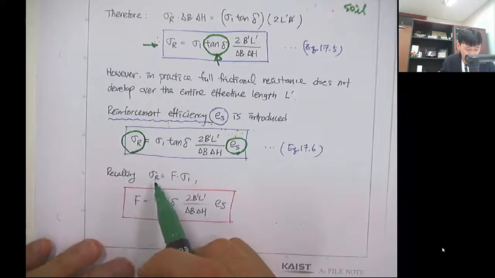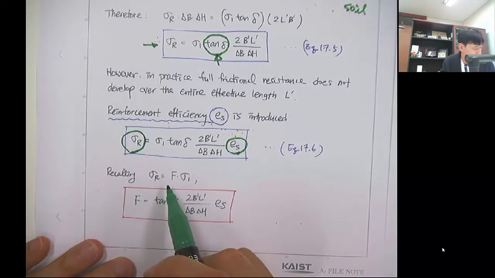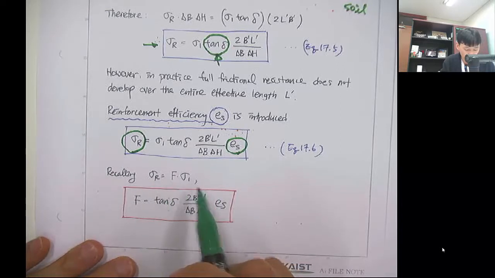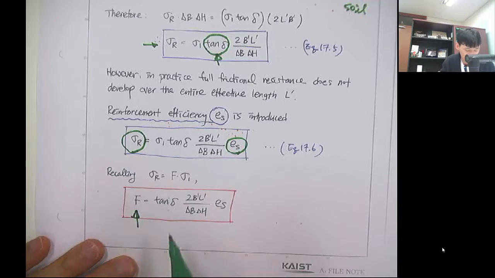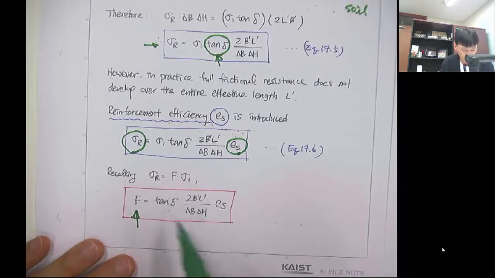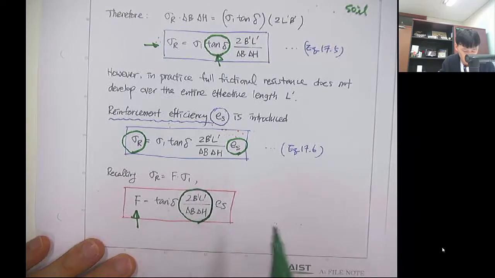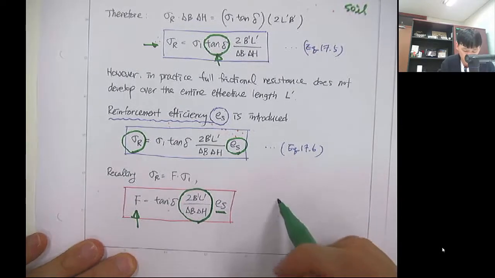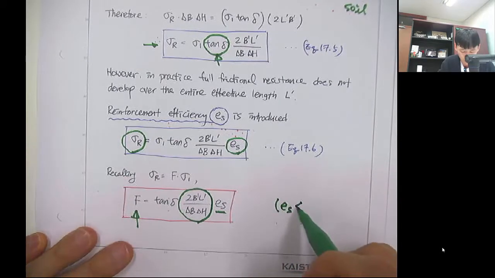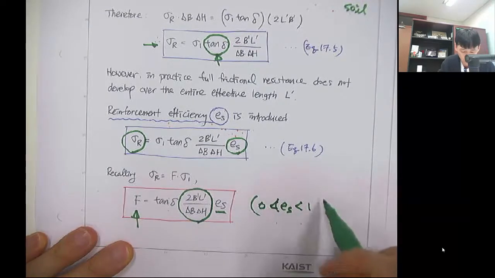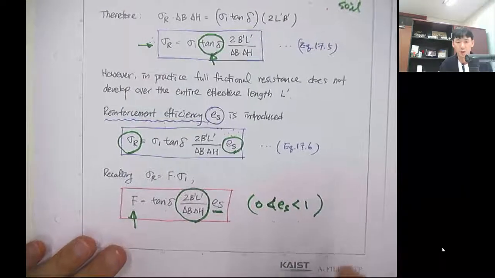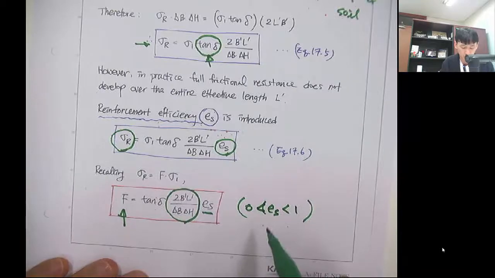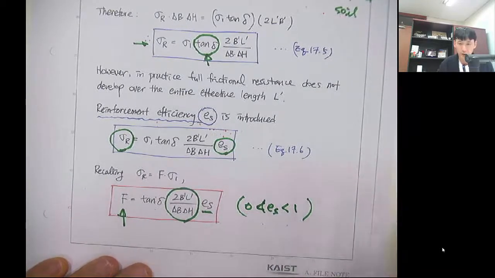And recalling this, sigma r in the frictional or slippage failure case is F times sigma 1, the normal stress. So that F, the frictional coefficient, is tangent delta times the geometric value of the strip times the reinforcement efficiency. Here the efficiency will range between 0 to 1, and I think that there will be a general value and general suggestion for the ES here.